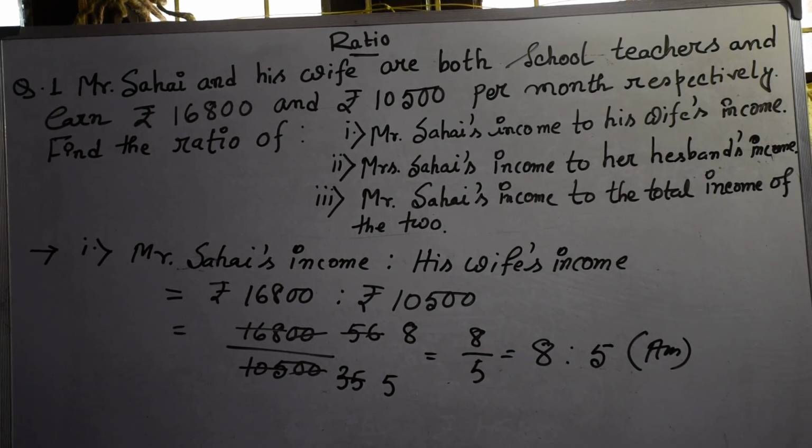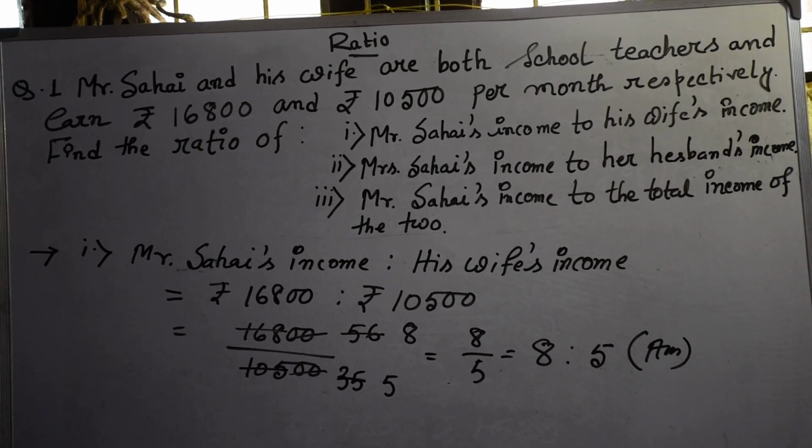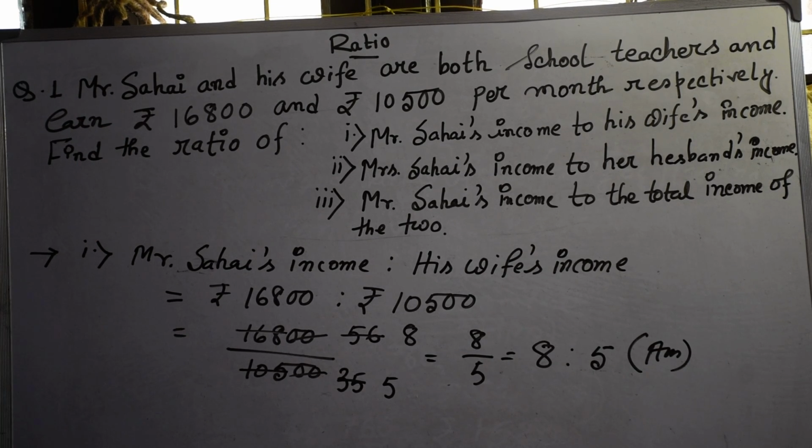Now come on the second part, which is just opposite the first part. Here Mrs. Sahai's income to her husband's income.